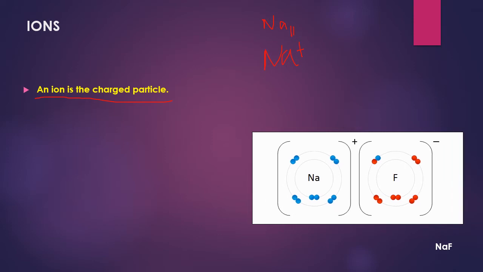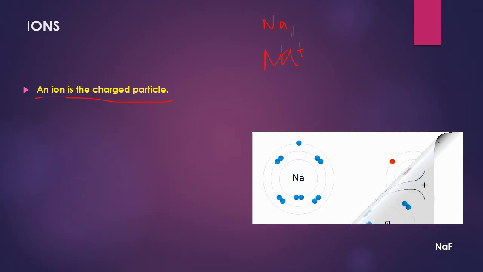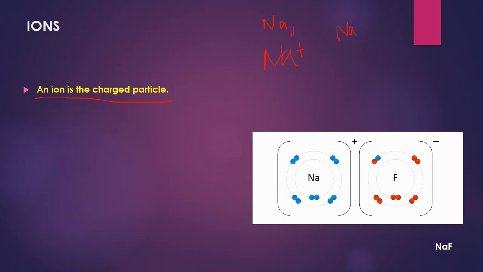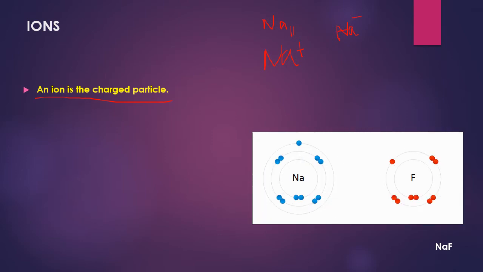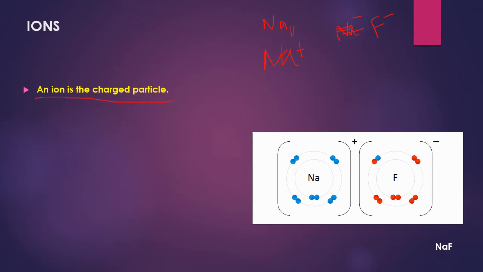In the same manner, F. F is accepting that one electron from sodium. When it is accepting one electron, electron means negative charge. So it is accepting one electron. It will become F minus. So this is an Na plus ion and this is F minus.